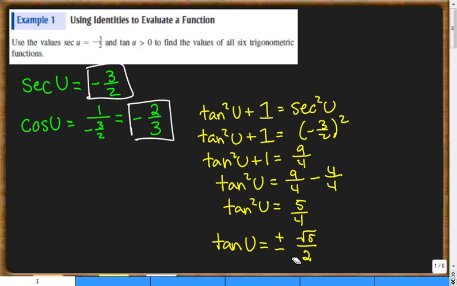So instead of calling it positive or negative, the tangent of u equals the square root of 5 divided by 2. And that is a confirmed number. So we used one of our identities to solve for another value. This has to happen sometimes. We can figure this out if we know a little bit of information. So let's continue here.